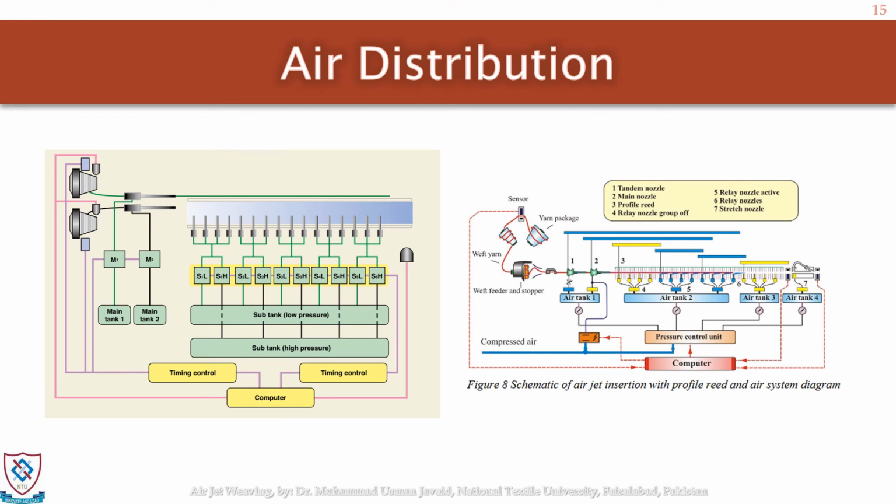Dear students, in this slide I want to mention how the air distribution is done in different machines. Actually, all manufacturers distribute air within the machine in different ways. Here is a general distribution plan.